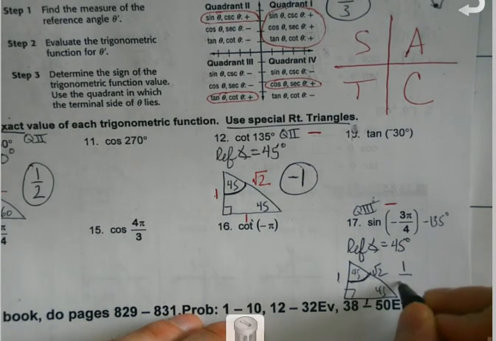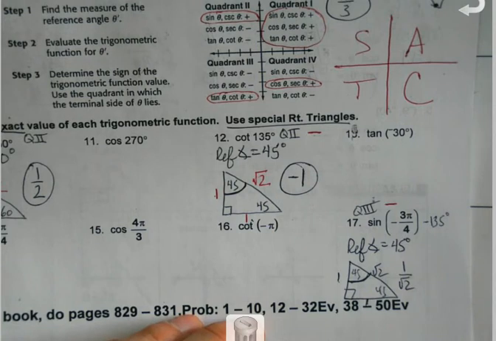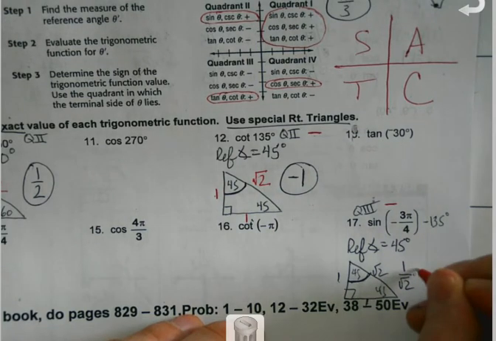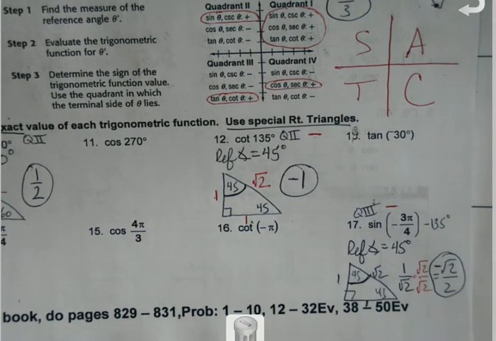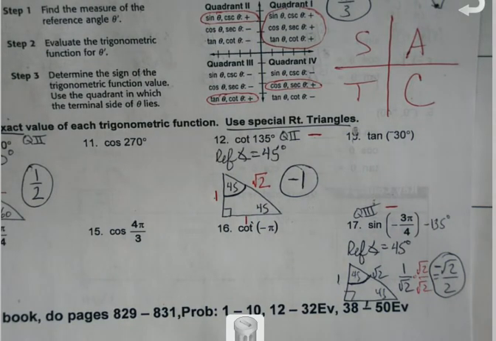I heard somebody say 1 over the square root of 2, but again, I need to rationalize it, which is the square root of 2 over 2, but then I remember to put the negative on it because of the quadrant that I'm in. So that's always what I'm going to be looking for on these. Is it positive or negative? What's the reference angle? And then get it into this.